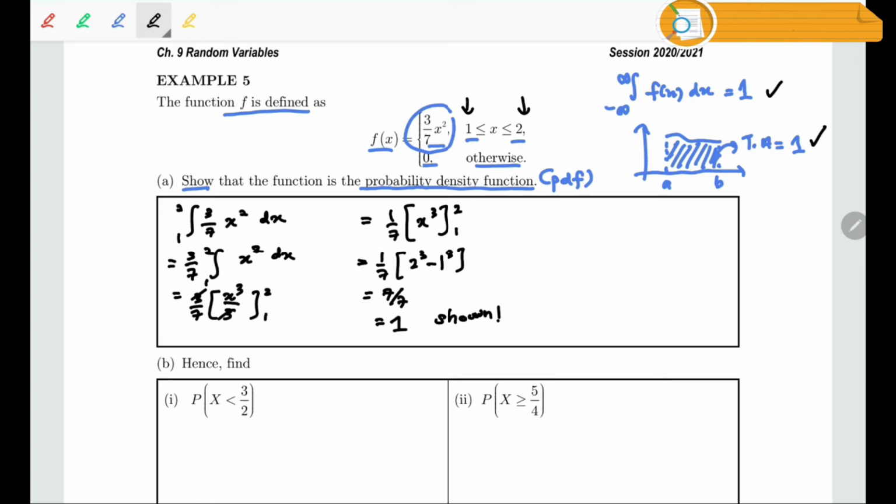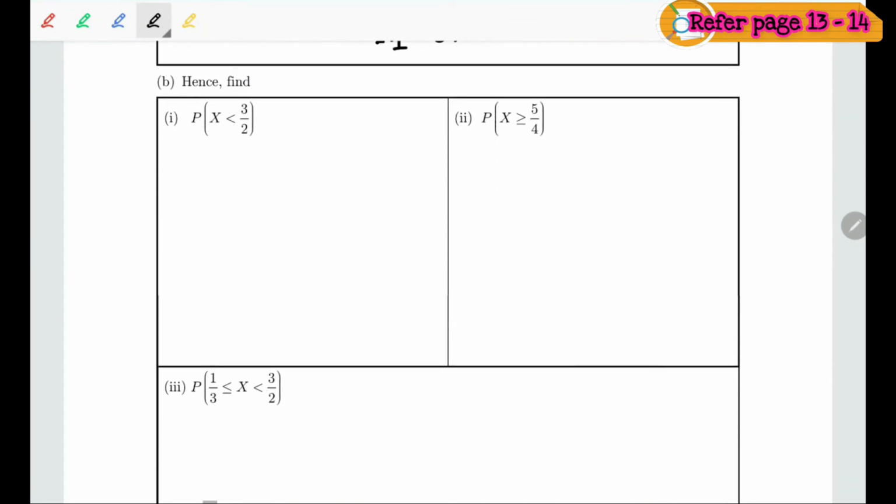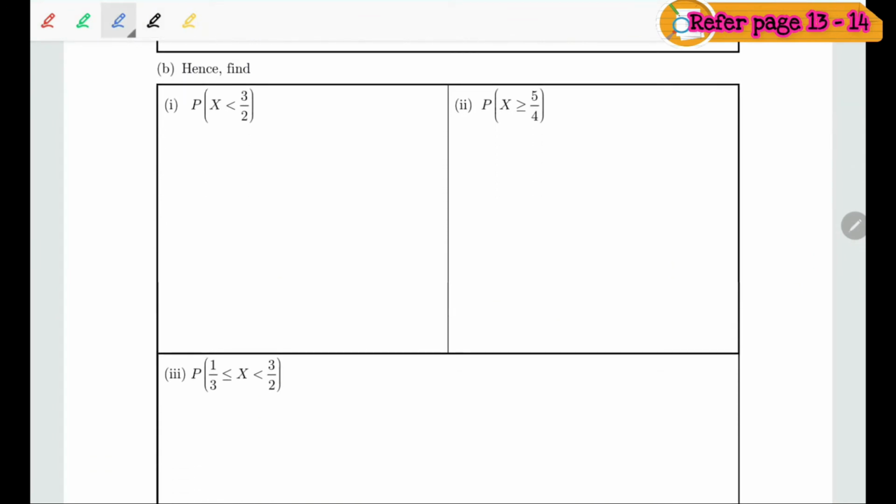Okay, and then we continue with part B, number 1. The question asks to find the probability of x less than 3 over 2. For the continuous random variable, we have to be reminded that when we have to find the probability, it means we have to find the area of the function under the curve.